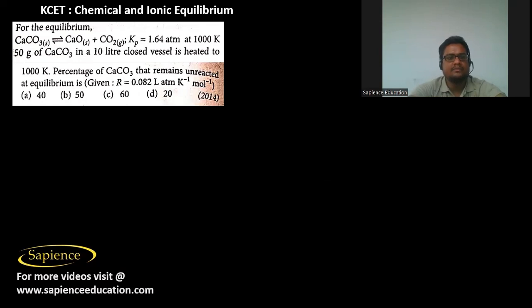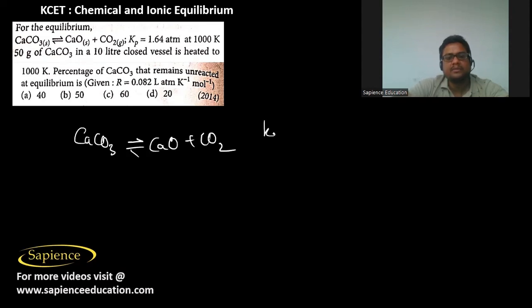Now here it is told for the equilibrium CaCO3 gives CaO plus CO2, Kp equals 1.64 atmosphere at 1000 Kelvin, and 50 gram of CaCO3 in a 10-liter closed vessel is heated to 1000 Kelvin.